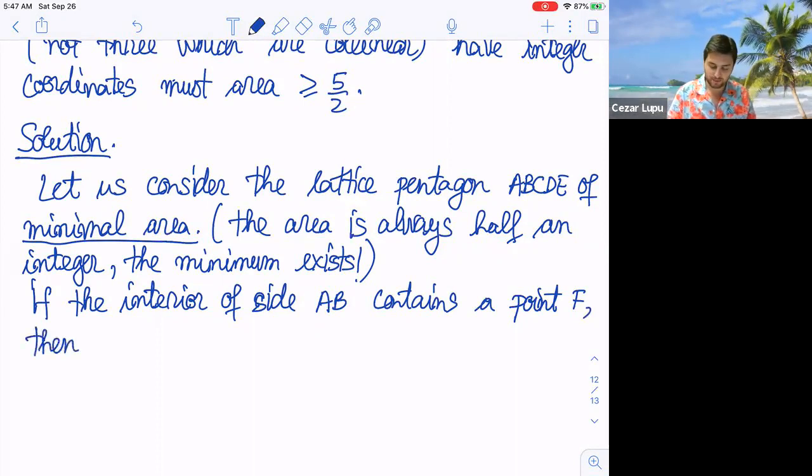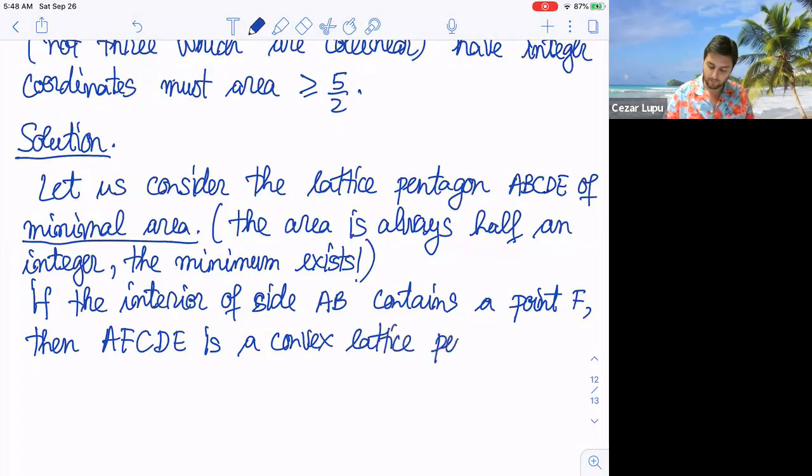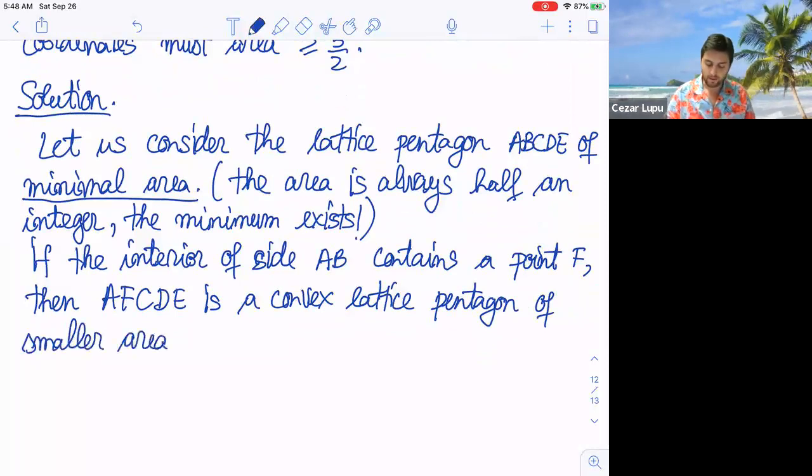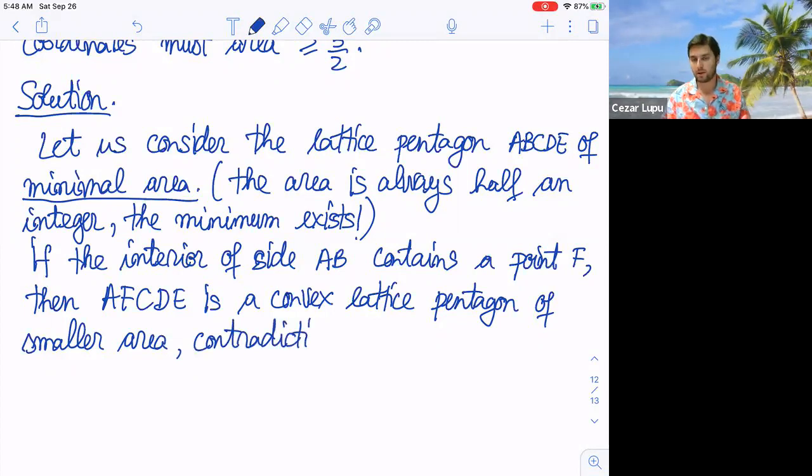I will consider then this pentagon AFCDE, which is a convex lattice pentagon of smaller area, which contradicts the choice of our pentagon, because we consider the pentagon A, B, C, D, E of minimal area.